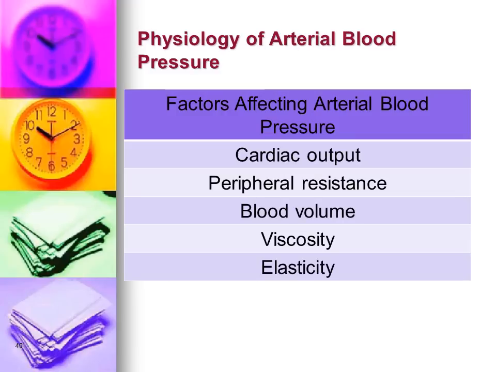Blood pressure reflects the interrelationship of cardiac output, peripheral vascular resistance, blood volume, blood viscosity, and artery elasticity. The volume of circulating blood affects the blood pressure.